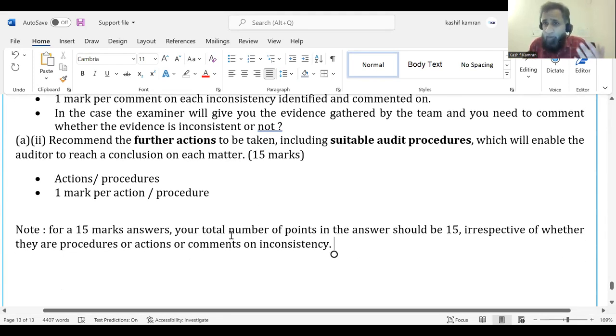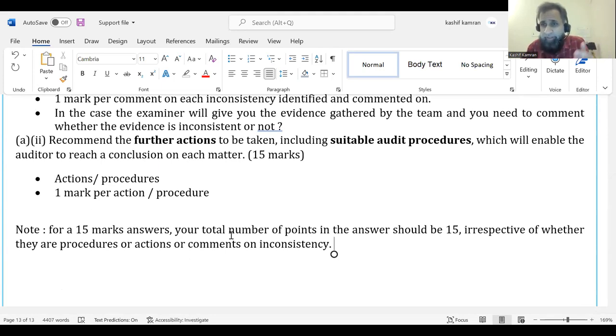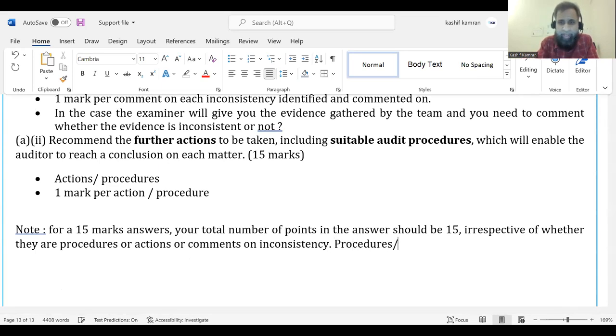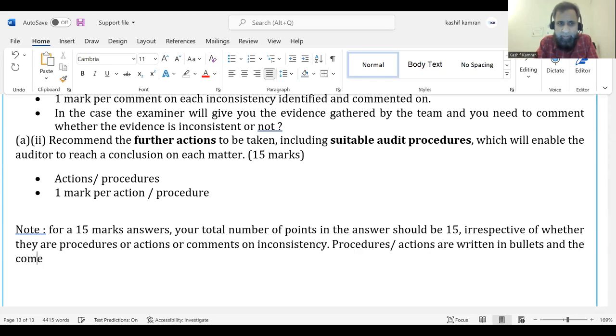So you can have more comments on inconsistency, fewer actions and fewer procedures, or you can have more actions and procedures and fewer comments on inconsistencies, but the total number of points should be 15. Is that clear? Procedures and actions are written in bullets, so that will save time, and the comments will be in paragraph form. Is that clear to all of you?